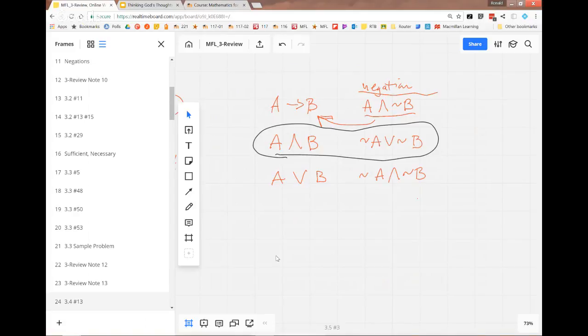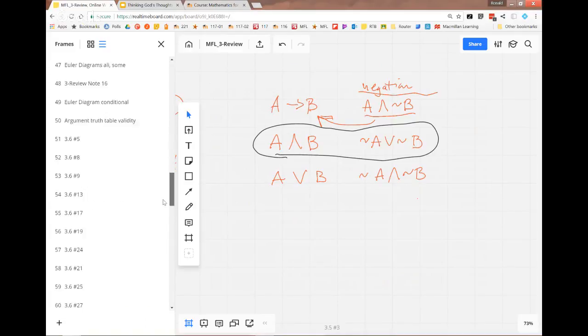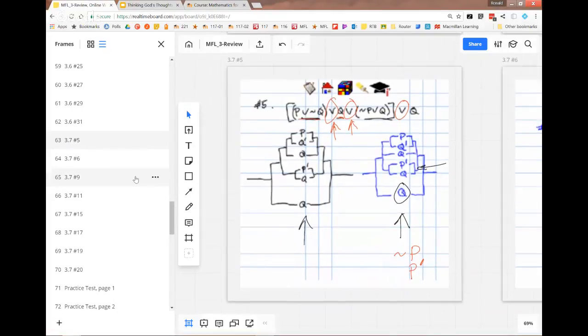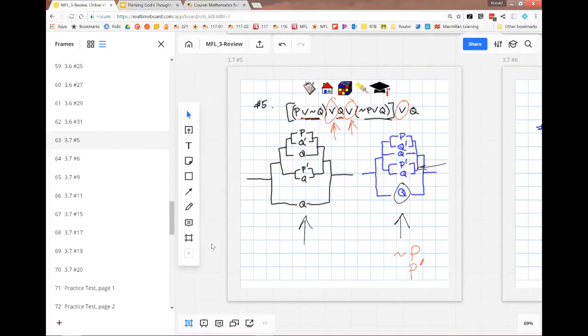Just one question on the switching networks. This was problem 5 on 3.7, and I know we went over it in class, but I just want to have the order straight.